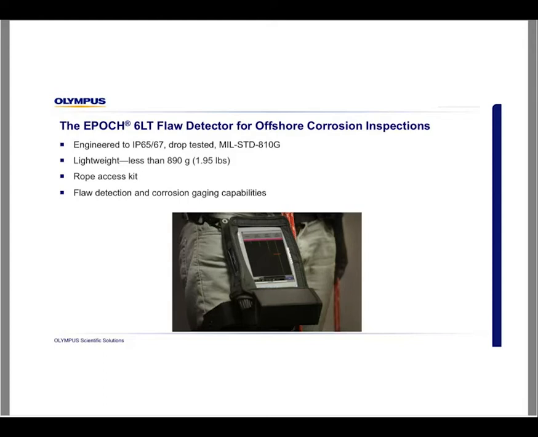The screen actually rotates into a portrait mode so that while the instrument's strapped to your leg, it can be easily viewed and adjusted. And we provided robust corrosion gauging and flaw detection capabilities to this instrument so that it can serve sort of a dual use as both a corrosion gauge and a fully capable ultrasonic flaw detector. And for these reasons, we think this instrument is particularly well suited for offshore corrosion inspections, especially rope access ones.